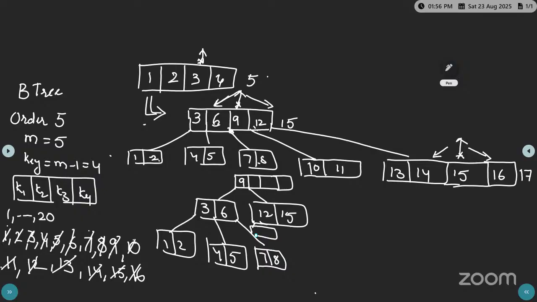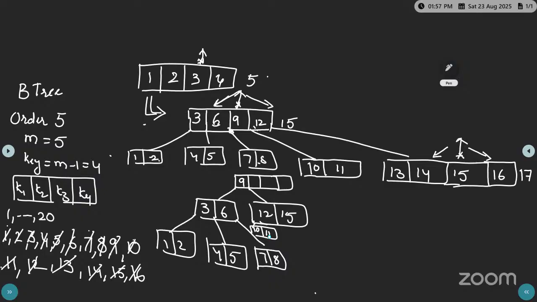Let's draw again neatly. What is the left side of 12? 10 and 11. What is the right side of 12? 15 moved. 7 and 8 are next to 6, and 10 and 11 are available to the left side of 12.